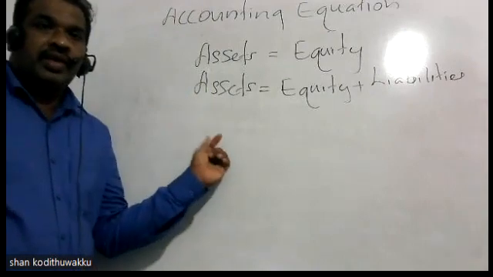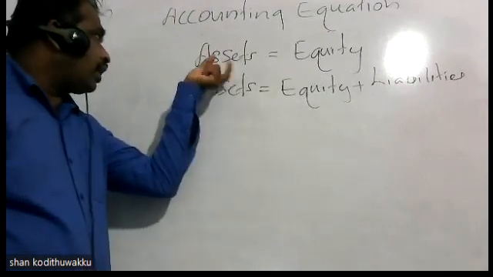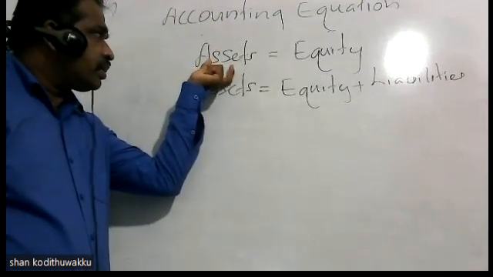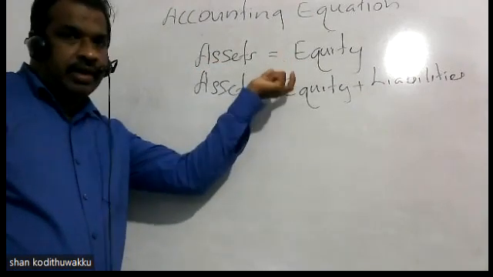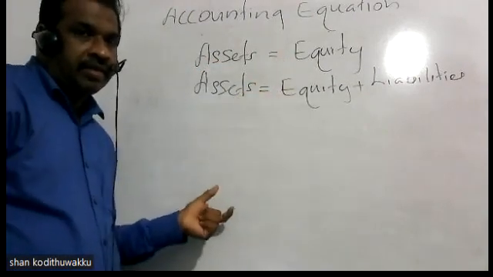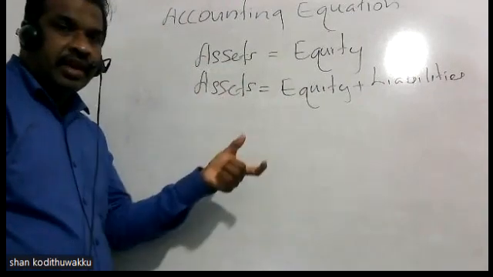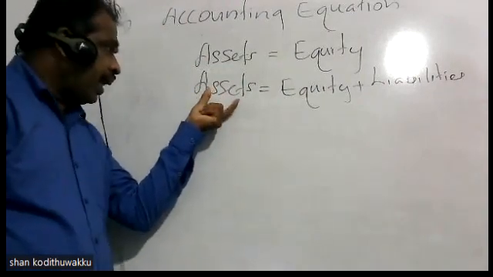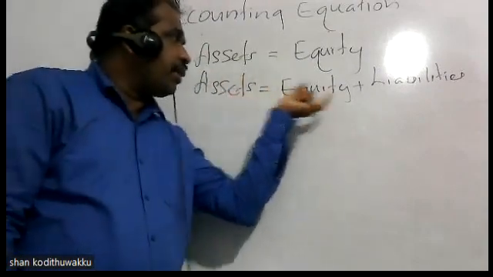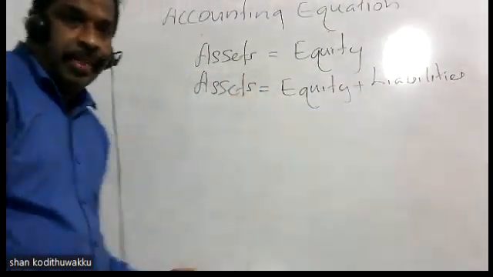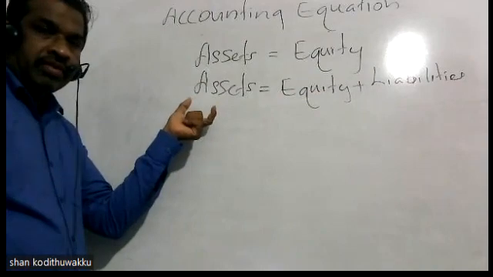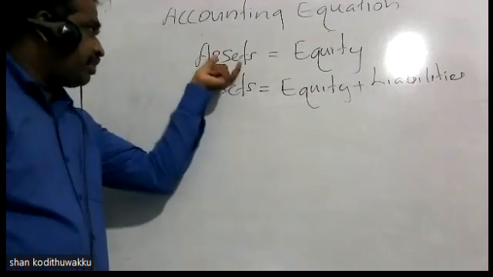If the owner has introduced total assets to the business, then assets equal equity. But if external parties also have introduced assets to the business, then our accounting equation will be assets equal equity plus liabilities.